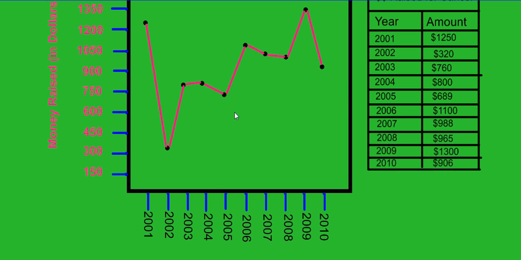And we can tell that it would either be from 2005 to 2006 or from 2008 to 2009. You'd have to look at the data more specifically. It looks like actually 2002 to 2003 it increased quite rapidly as well. Those must have been very good years as far as increasing from the previous year.